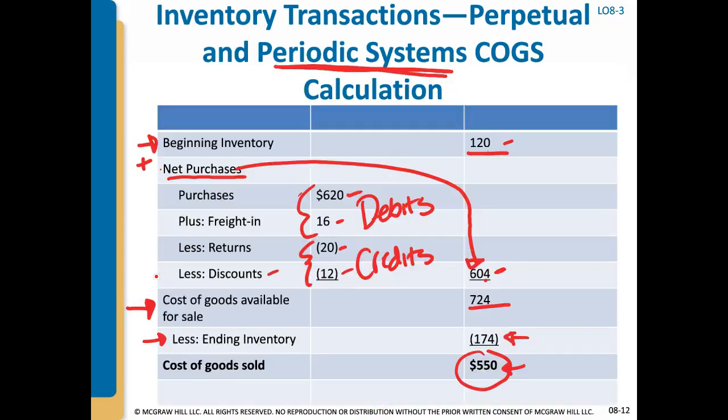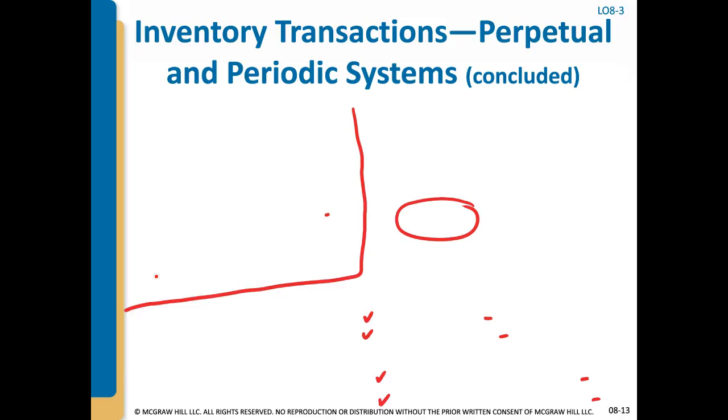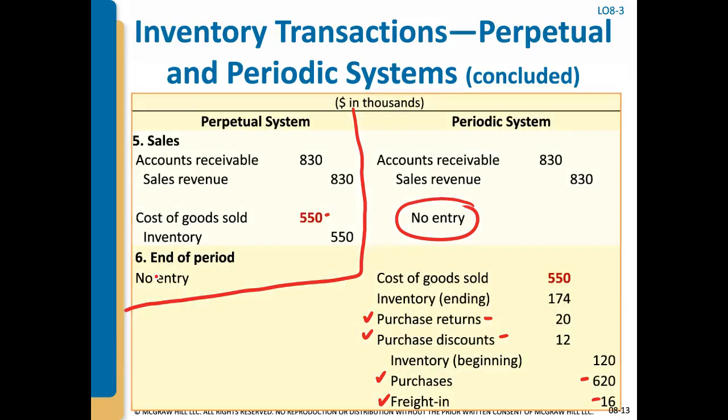If I go back here, you see these 20 and the 12 were credits to those accounts. So now we're going to debit those accounts by 20 and the 12. And we're going to credit the beginning inventory account of 120. But we're going to debit, they told us our ending inventory was 174, so we debit the ending inventory for 174, and our cost of goods sold is 550.